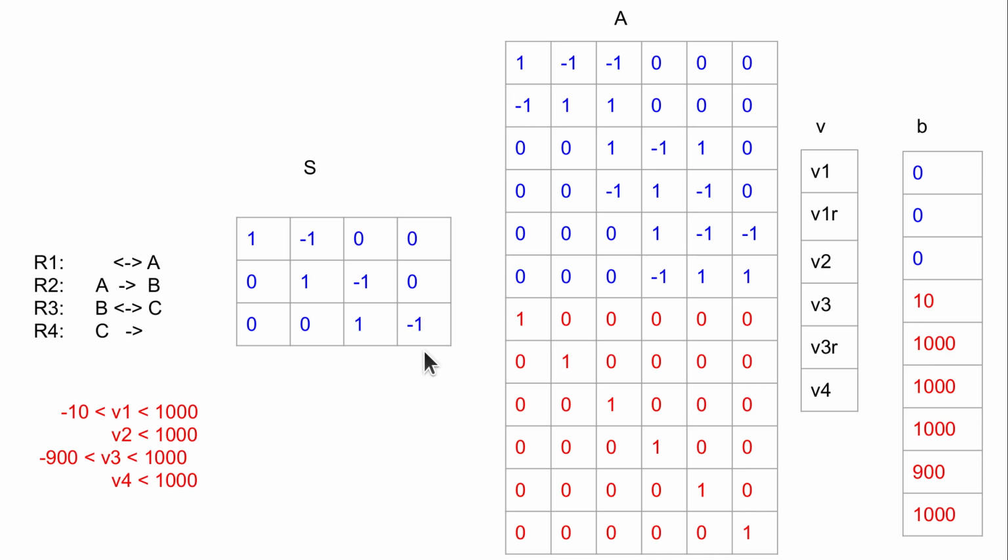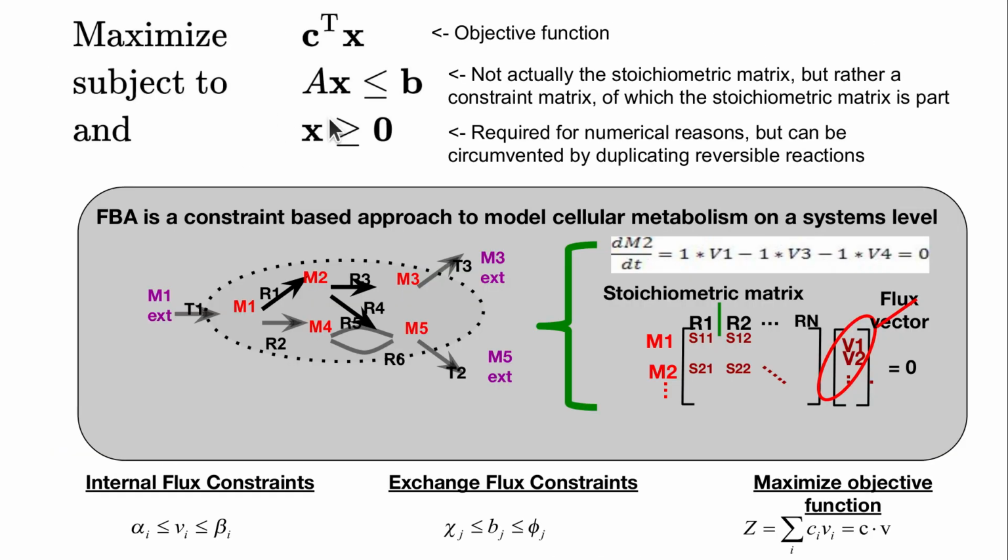Or essentially for the lower bound in general. For unidirectional reactions with zero lower bounds, we don't have to add a secondary virtual reaction, simply because the requirement that each flux is positive is already implied in the linear programming formalism.